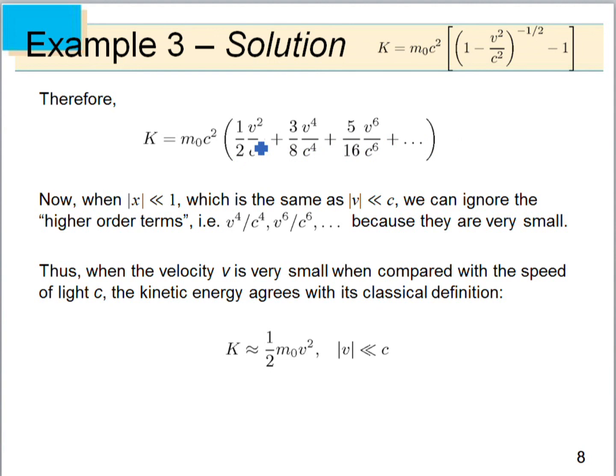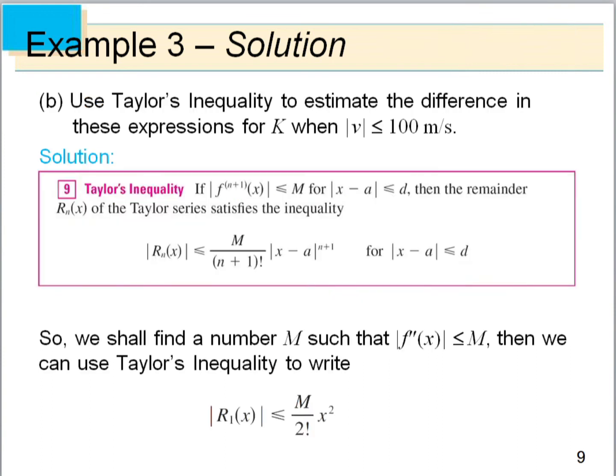Alright, so we started with a rather complicated function for kinetic energy. It's a function of v, but if we express it in terms of its Taylor series expansion, then we truncate it, keeping only the first order term. We find that we recover the classical definition of kinetic energy.